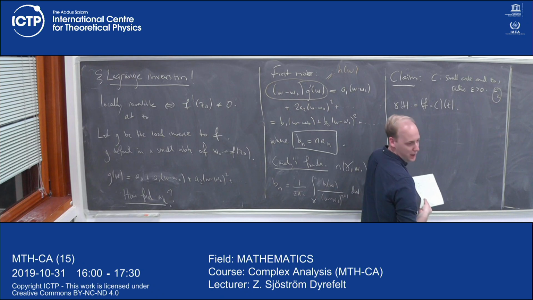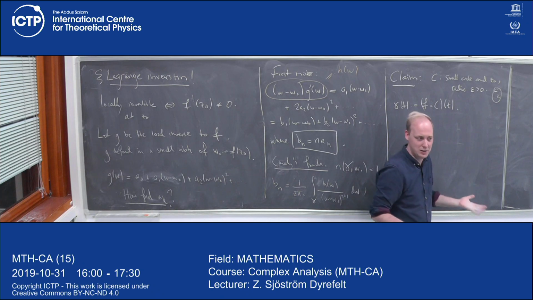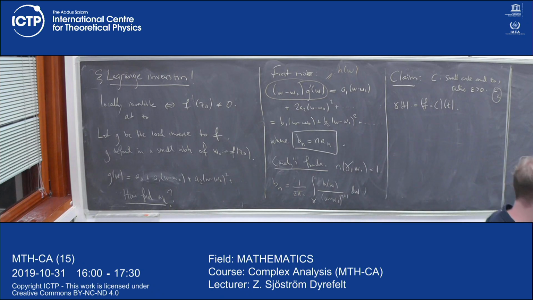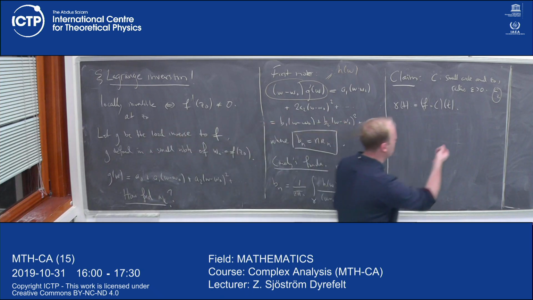Now the question is, what happens to a circle when you map it with just any analytic map? If it was a Möbius transformation, it would be another circle or a line. But now it's not so simple, because it's just any analytic map, so we don't know a priori what's happening.